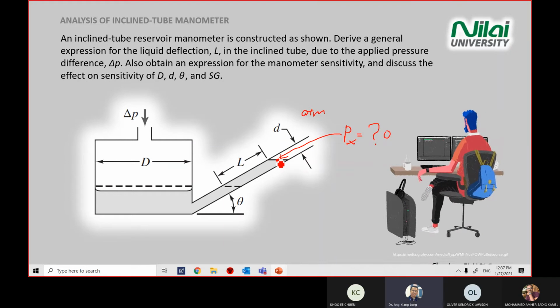Calculate the gauge pressure at X position. And it might be 2 to 3 marks. So if you're not able to answer, you are missing the 2 to 3 marks. Okay, so I'm helping you to score some marks at the moment.